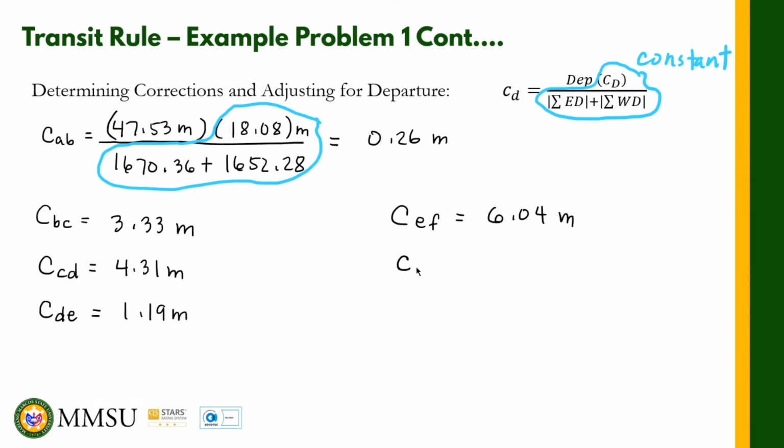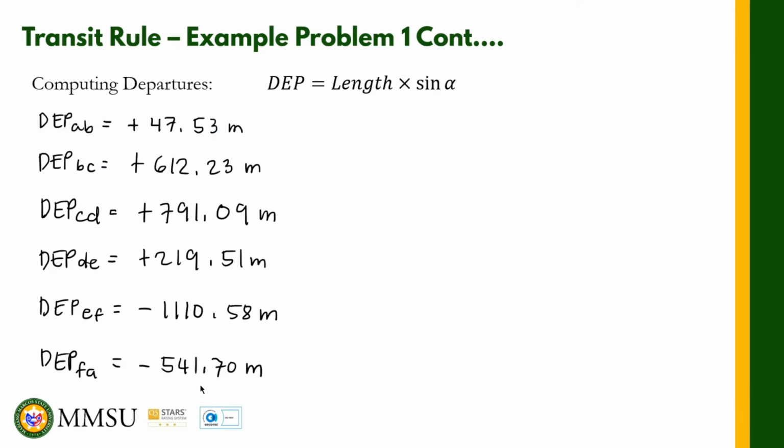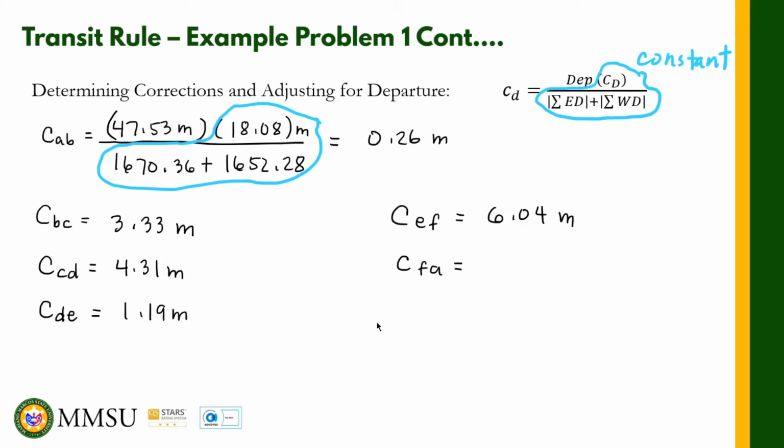And then finally, for the correction of FA, we multiply the value of this one by 541.70, and we should come up with 2.95 meters. So these are our corrections for the departure. Now we are ready to adjust the departure for each course.